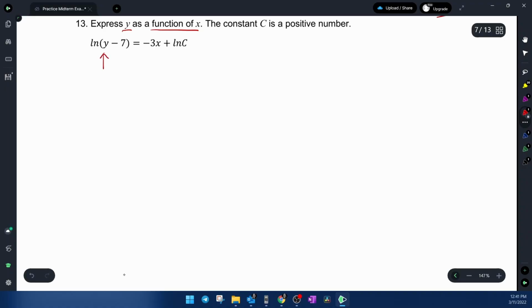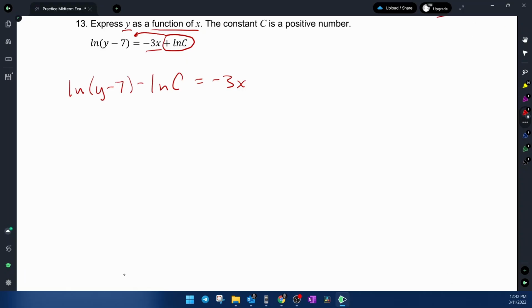And if you notice, y is inside of the natural log, and so somehow I'm going to have to free him from his log cabin. So the first step here would be to move the natural log of c to the other side, giving us natural log of y minus 7 minus natural log of c equals negative 3x.